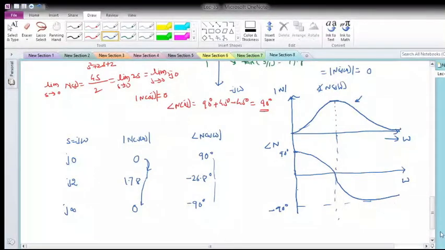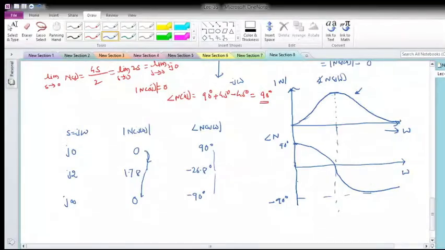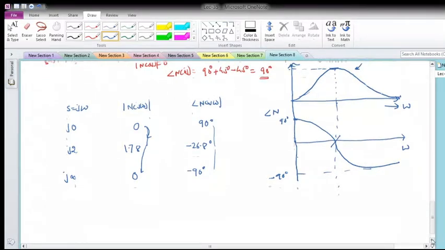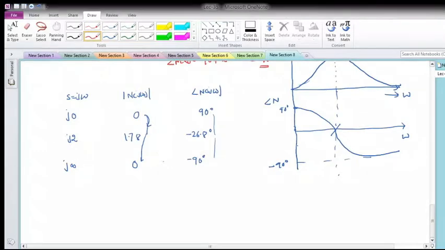Now what I would like to know is the frequency where I am getting the maximum magnitude and 0 phase. For that I can take the analytical approach. N of s I can write as 4s over s square plus 2s plus 2. Let me express it in j omega.